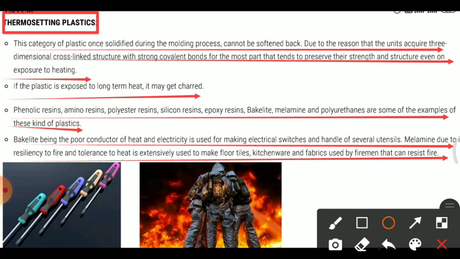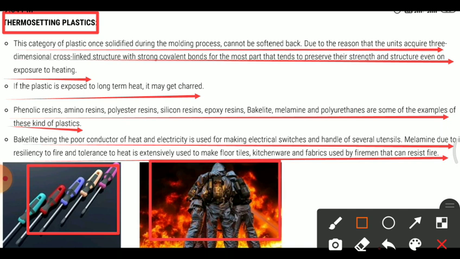Here in the picture are also shown the handles made of bakelite and also the firemen's dresses made of thermosetting plastic.